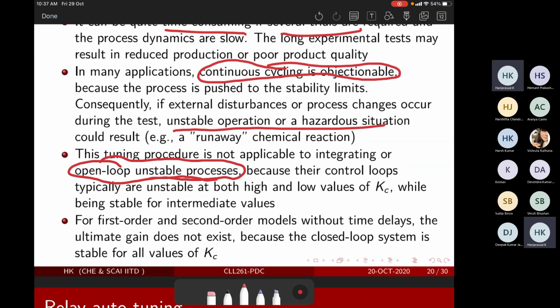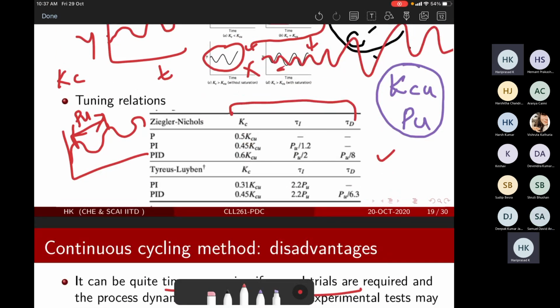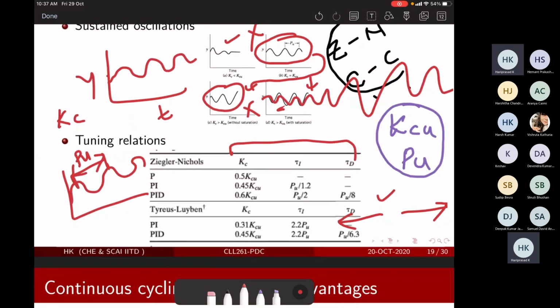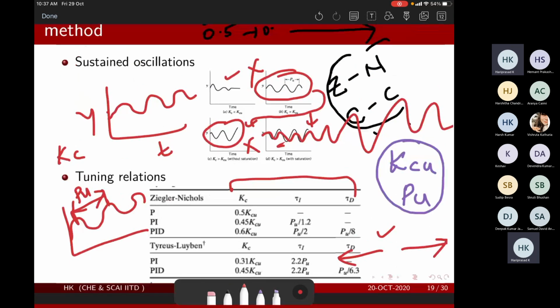So it may not be really desirable. And in the other case, one is the instability problem, which is one extreme, which is really bad. And look at the other extreme. Let's say you are unable to make this oscillation, for instance with first order and second order systems. You may not be able to get a Kc that makes the system sustain oscillation because they are inherently stable to some extent.